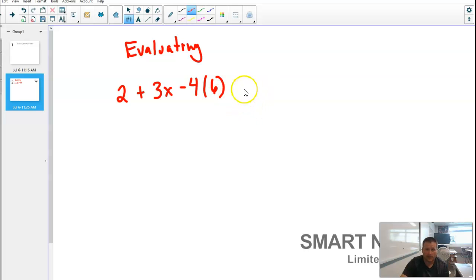If I was evaluating this, I would say to plug in 1 for x, when x is equal to 1. What that means, when we say evaluating, you have to have this instruction with it, because it's telling you to take that x and replace it with a 1 instead.